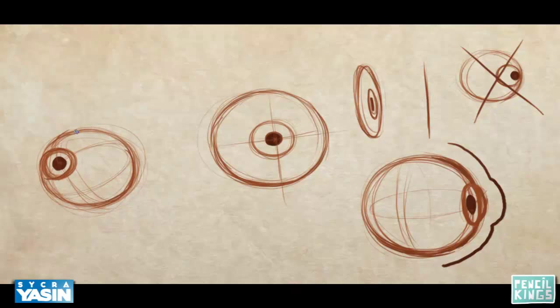If we draw the contour line, it comes around the form like this, and then it goes over the lens.